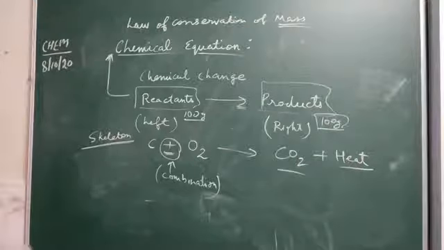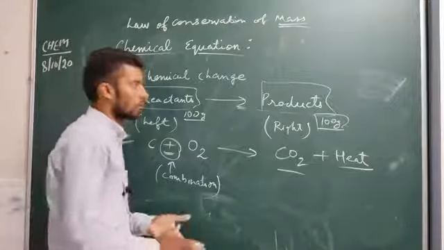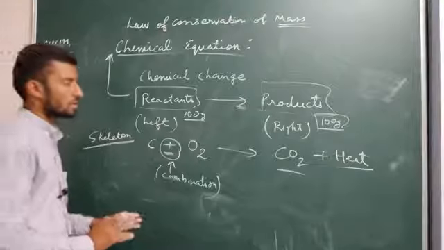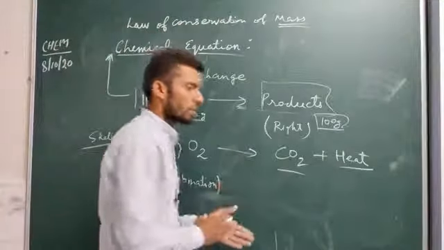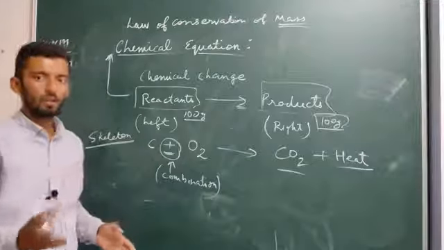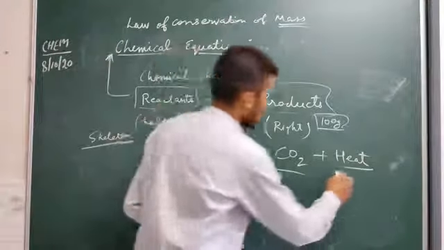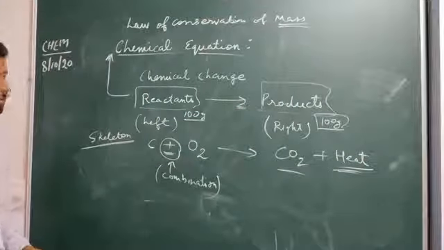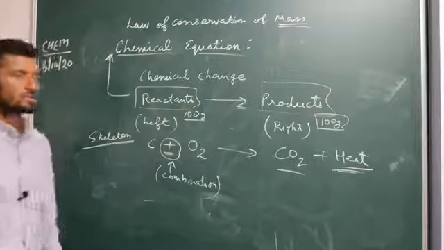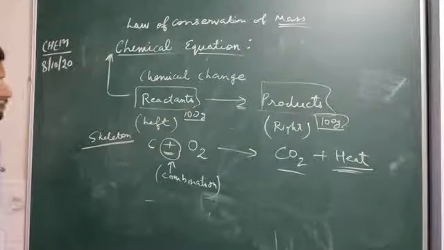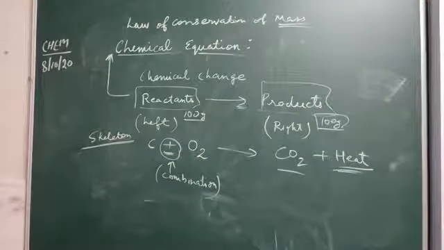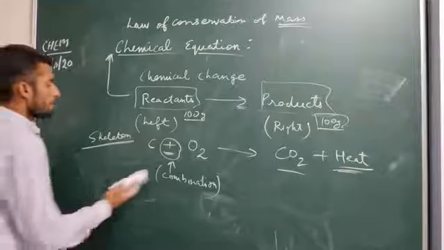No product is destroyed or depleted. However, some amount of the product may escape into the air in the form of water vapor, or some may be in the form of heat or light energy. But overall, if we see the amount of products and amount of reactants in every chemical process, that always remains the same. So due to that, the chemical equations must be balanced, so that their study is easy.